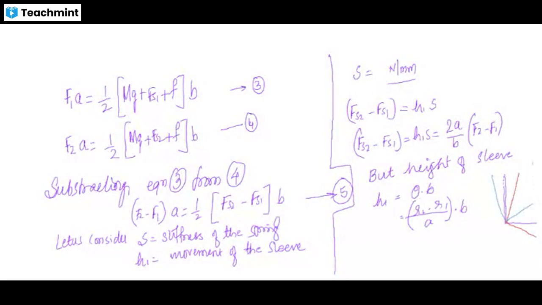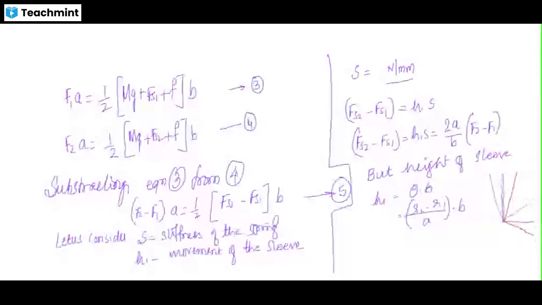Considering the axis of rotation, this is R1 and this is R2. The total angle subtended by this lever is theta, and similarly the angle here is theta. The movement of the sleeve from minimum radius to maximum radius is H1.